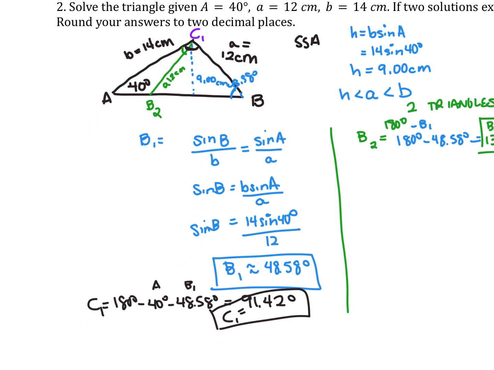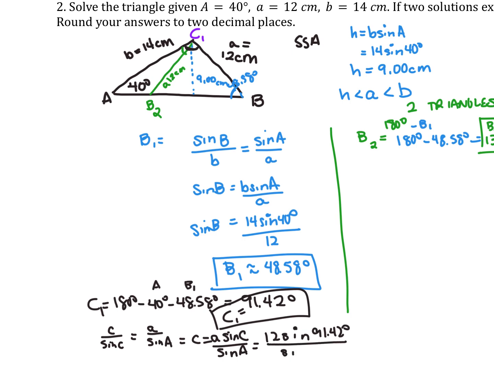Now to solve for side C, we do C over sine of C equals A over sine of A. So C equals A sine C over sine of A, which is 12 sine of 91.42 degrees over sine of 40 degrees.